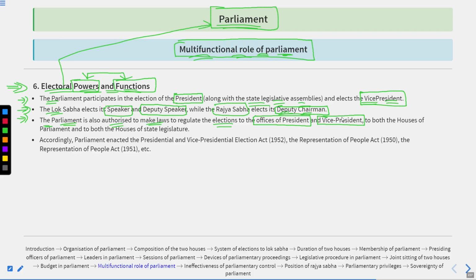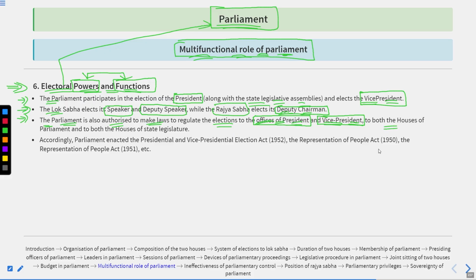The Parliament has the power to amend the constitution. Automatically, the Parliament has the power to amend the articles related to the offices of president and vice president. So that's how the Parliament of India regulates the elections to them and their offices also.